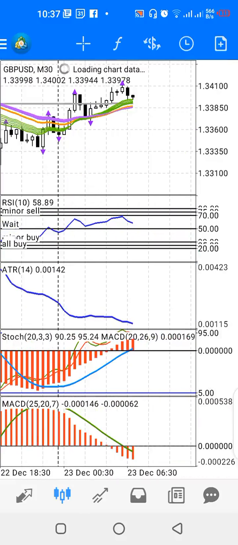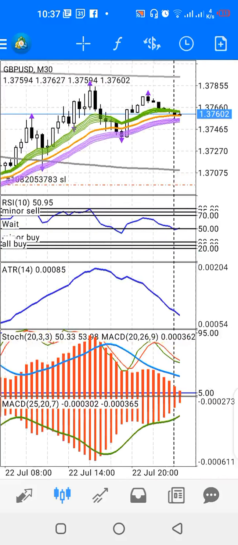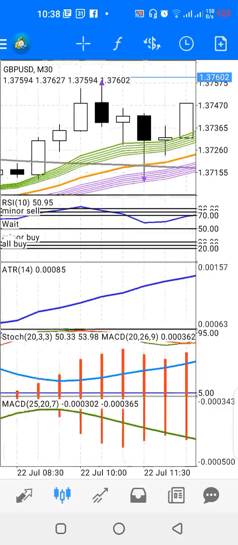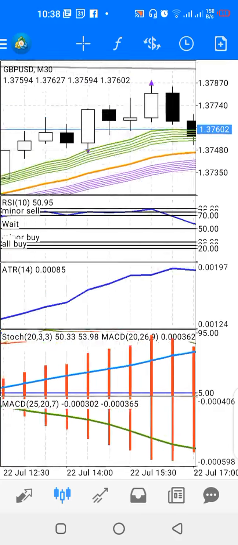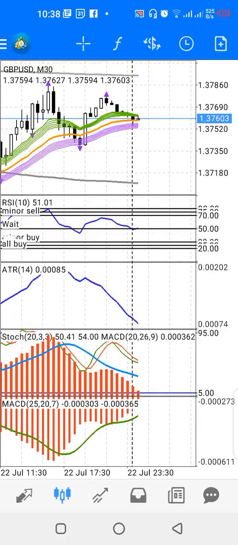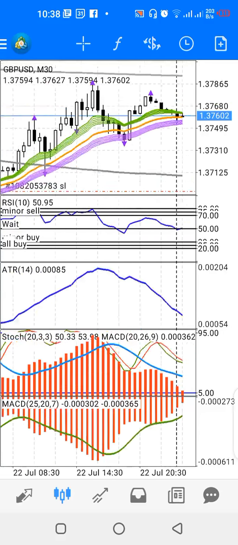Apart from using it on any time frame, you can use zoom level 3 or 2. You can even use the maximum. You can zoom in completely, or you can zoom out a little, depending on how legible the chart is to you.